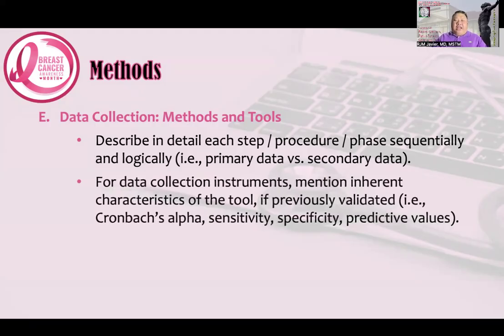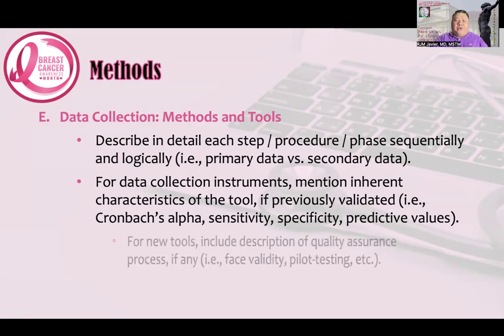For the data collection instruments, mention inherent characteristics of the tool, especially if the said tools have been previously validated already. When I say previously validated, you might encounter data that would look into, let's say, reliability of your data collection tools in terms of the Cronbach's alpha, its ability to identify true positives and true negatives with its sensitivity and specificity, or even the predictive values, both your positive and your negative predictive values.